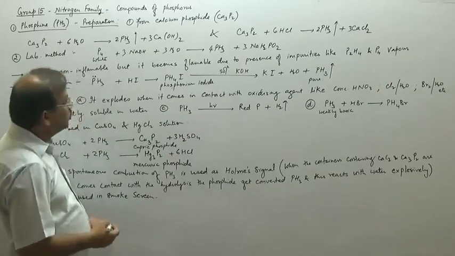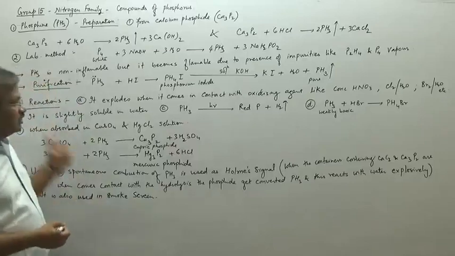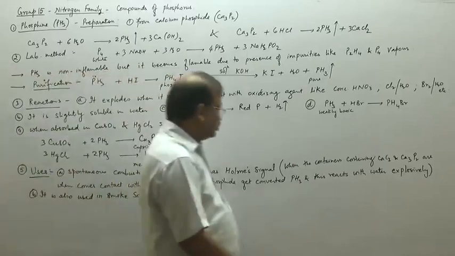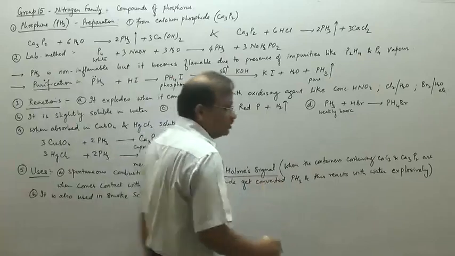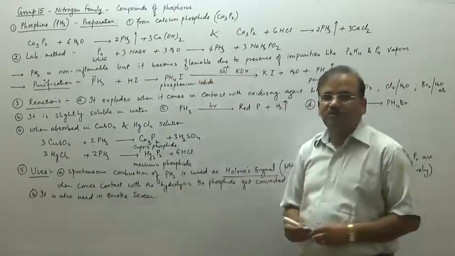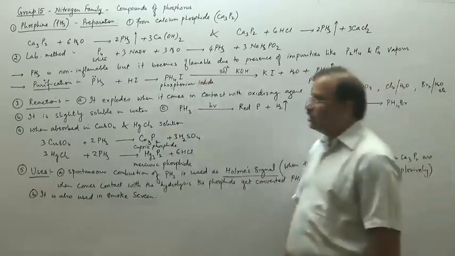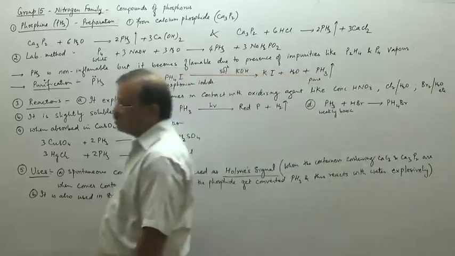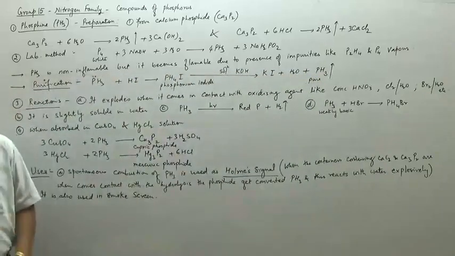So phosphine is used in the Holmes signal, and it is also used for the preparation of smoke screens. That is how we can write the uses of phosphine.